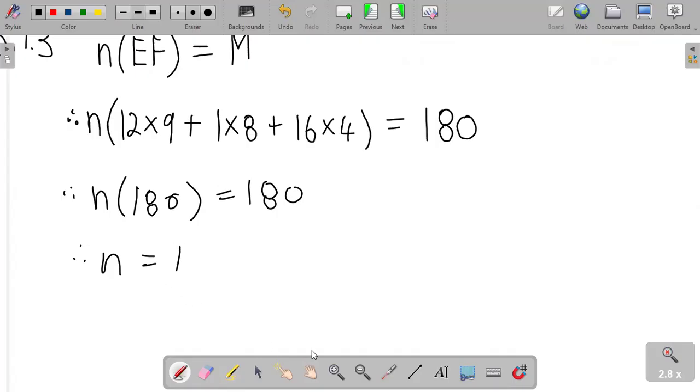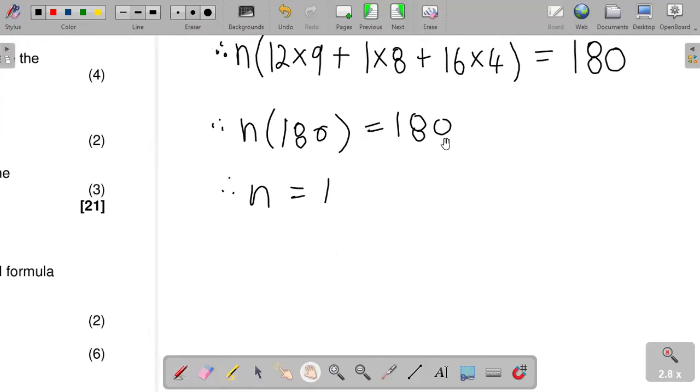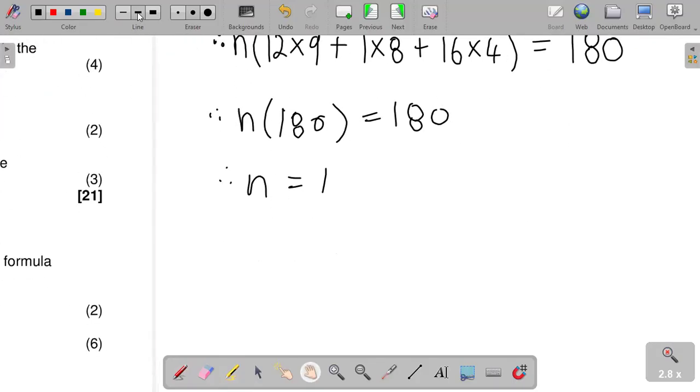So if n equals to 1, it means we have to multiply everything by 1. So it doesn't change.